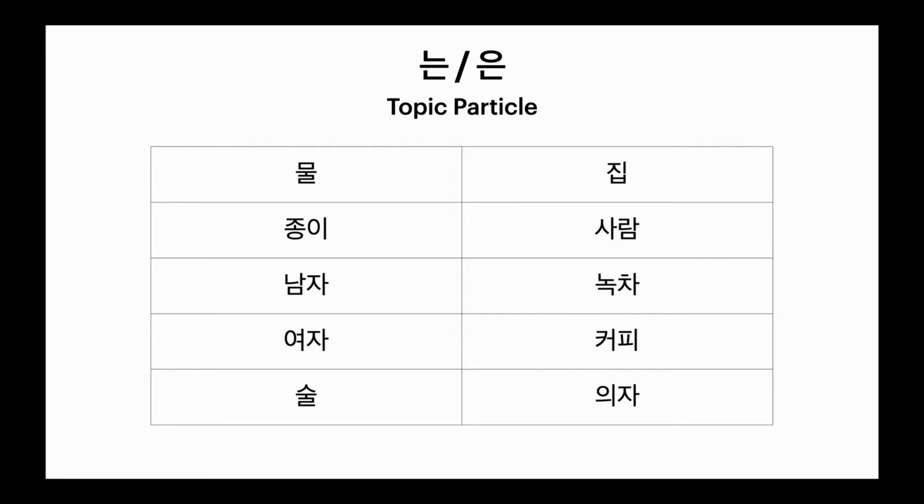So all I want you to think about is, are we adding 는 or 은? If we add 는, that means that the word ended in a vowel, and if we add 은, that means that the word before it ended in a consonant. So 물, would 물 be 물는 or 물은? 물은. How about 종이, paper? 종이는.